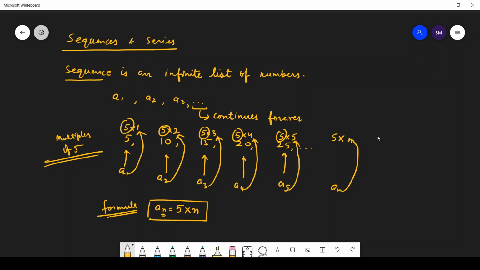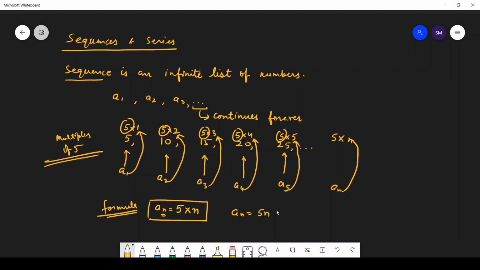Maths is all about writing things in a systematic way, recognizing the patterns, and then writing them. So can we write the formula like this? an equals 5n.